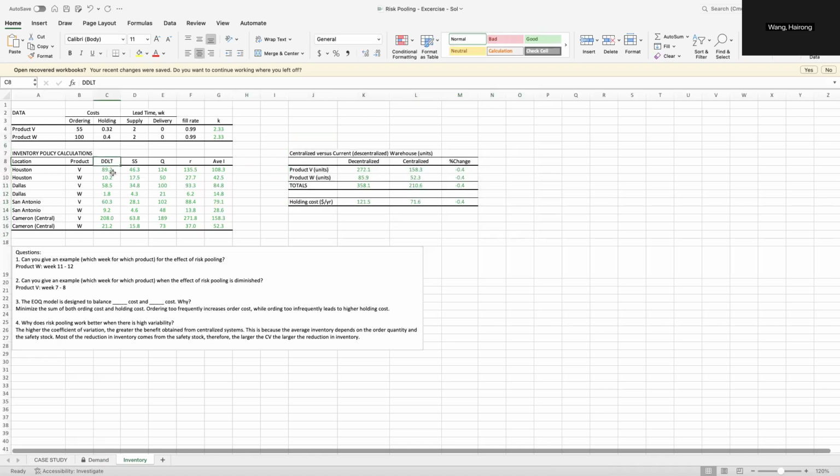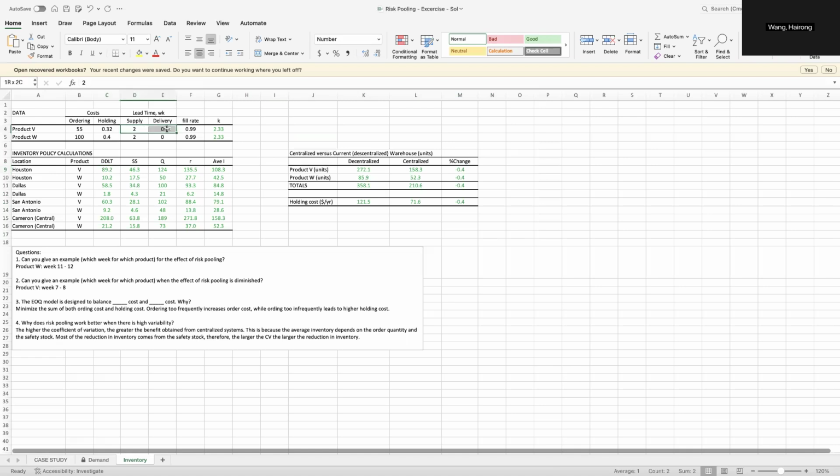For the first one, which is DDLT, which refers to demand during lead time, the demand during lead time can be calculated by using average demand times lead time. And the lead time can be calculated as the summation of supply time and delivery time.